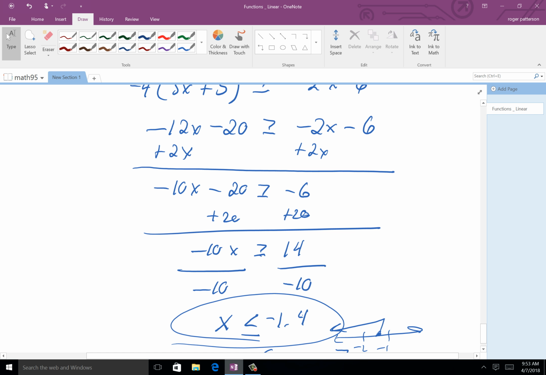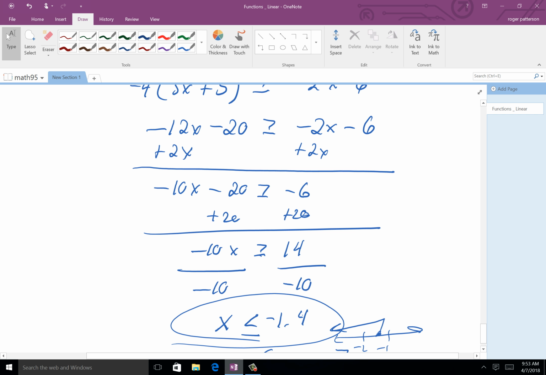This would be as an inequality, and using interval notation, it would look like this. Now we'd have a bracket because it's got an equal to there, and a bracket on the other side. So there's 3 ways to write the answer. Don't write it all 3 ways, because that's a waste of your time.